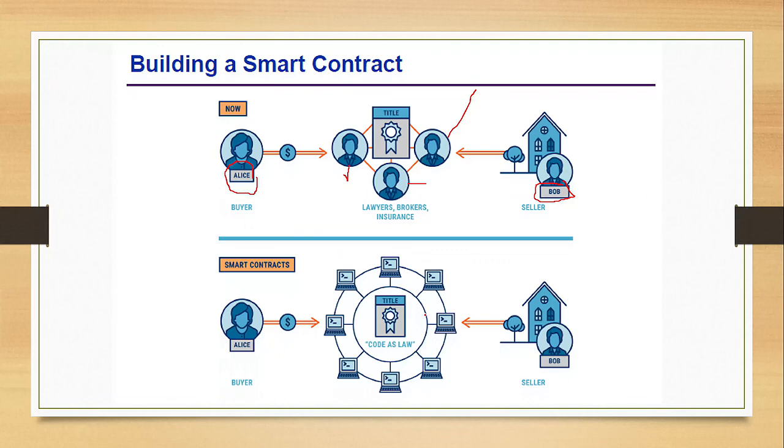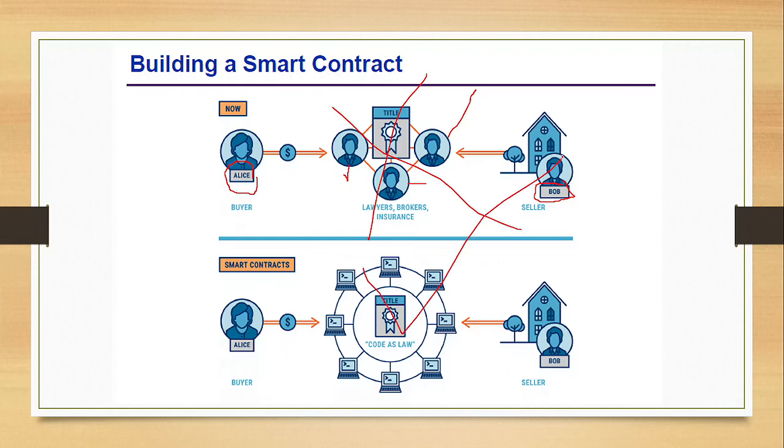By using smart contracts, all these are removed. Once you have a piece of code which has already been authorized through legal means, it can be replicated across all the participating nodes. We don't need to go through the different intermediaries, which have been removed by the use of smart contracts.